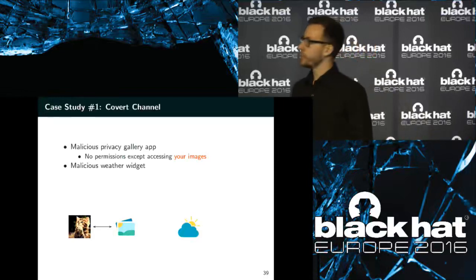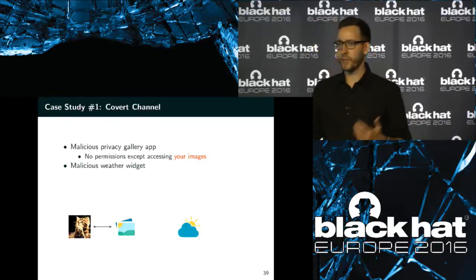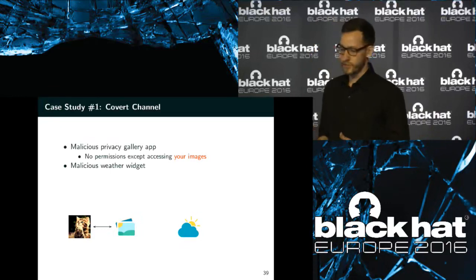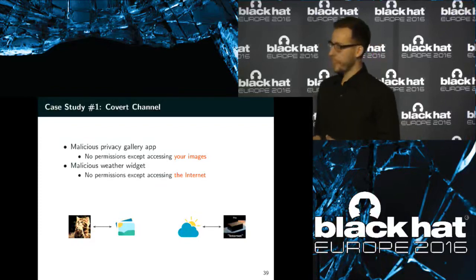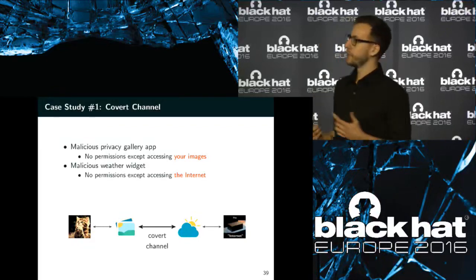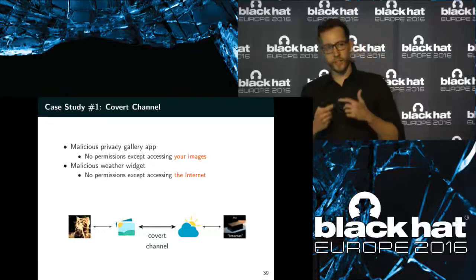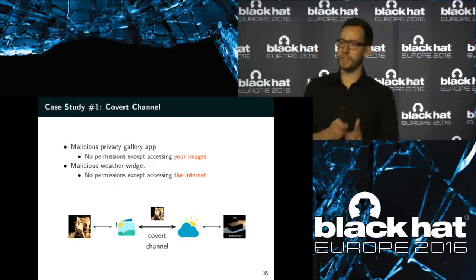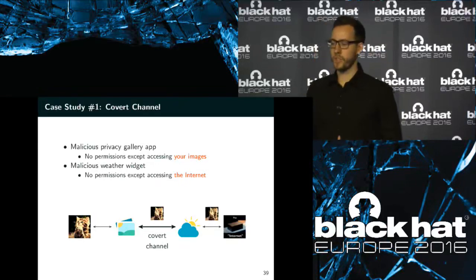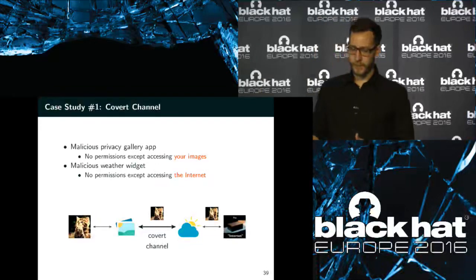In addition, the user wants to see what the weather is outside and installs a malicious weather widget. And he's also not suspicious, because the only permission it requires is to have access to the internet. So what if both apps can build a covert channel to communicate with each other, so that the gallery app can send the image to the weather app, which uploads it to the internet?